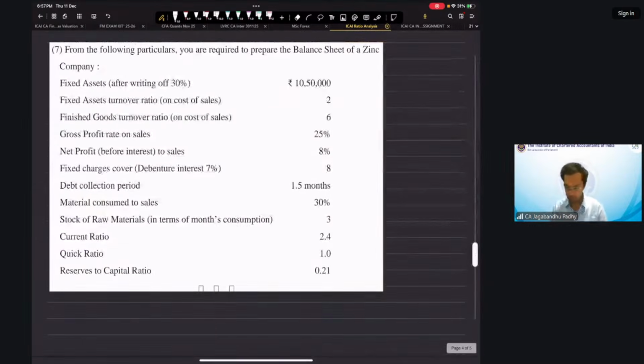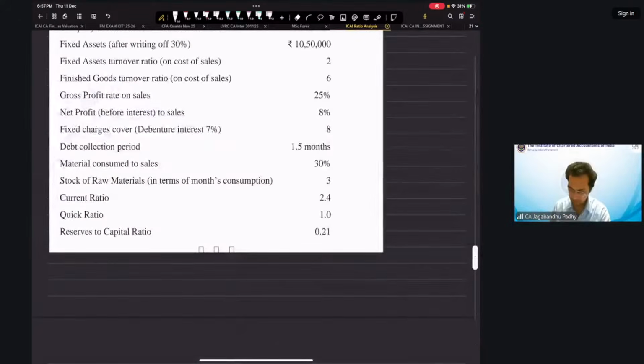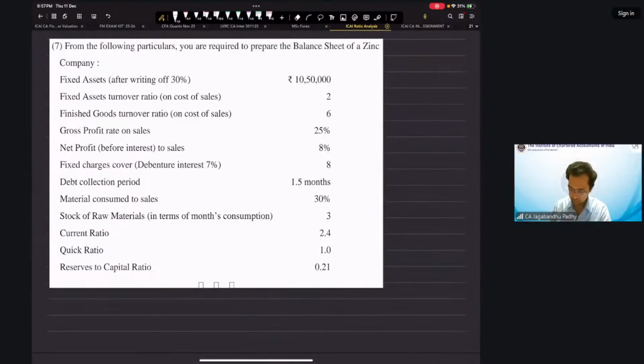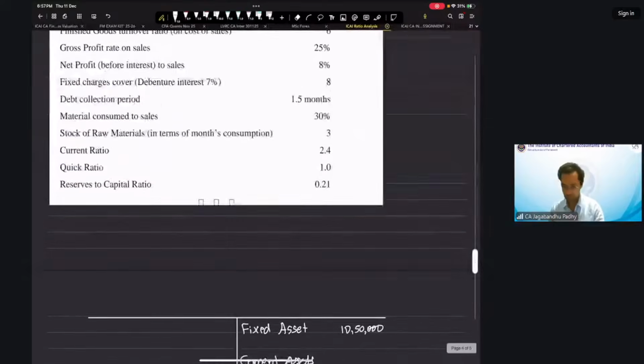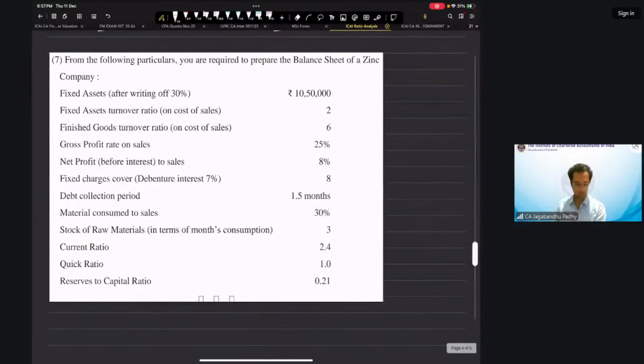Then coming to the liability side, we'll definitely have the current liability, but in that, I don't think there's any other aspect, so it's not there. So we'll have the current liability as one single figure, maybe. Then we have reserve to capital ratio.